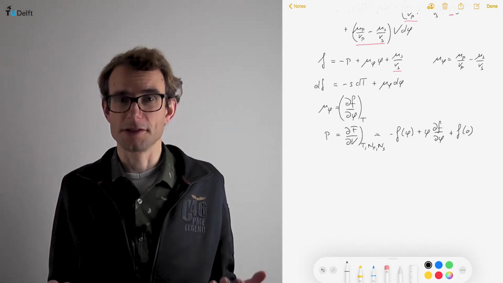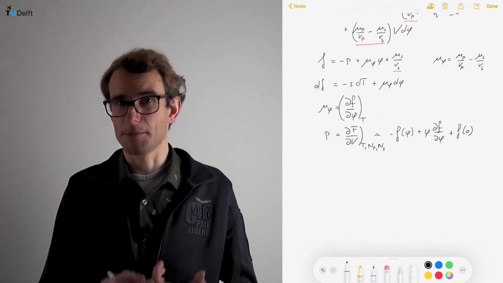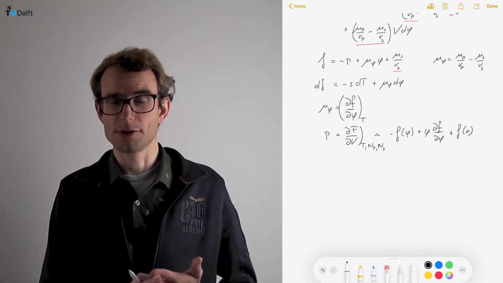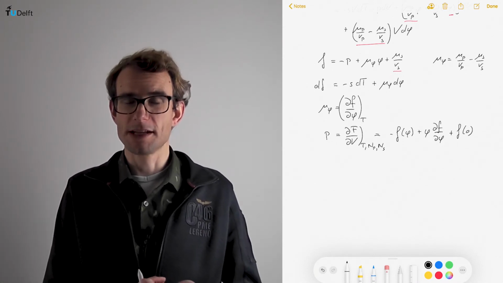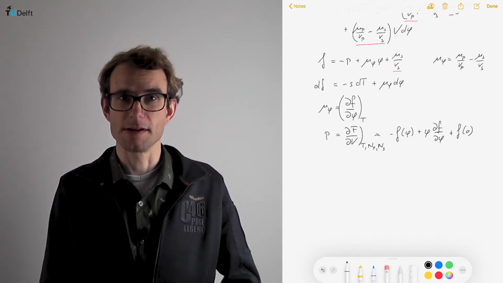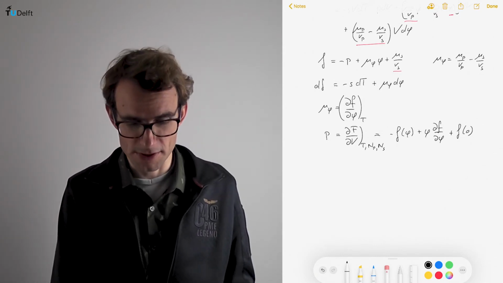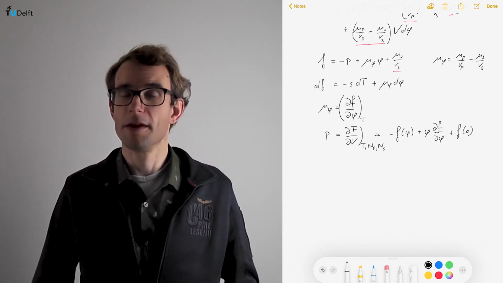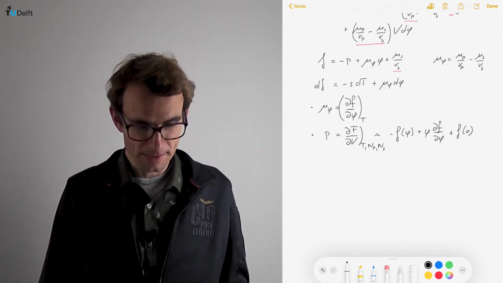So phase coexistence requires us to have equal temperature in both phases, and then equal osmotic pressure and equal chemical potentials. So if we want to find concentrations at which we have phase coexistence, we need to find the points such that these two numbers are equal, again, assuming that the temperature is uniform throughout our liquid.